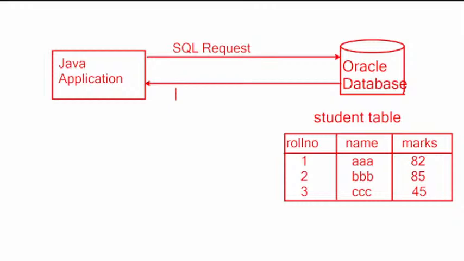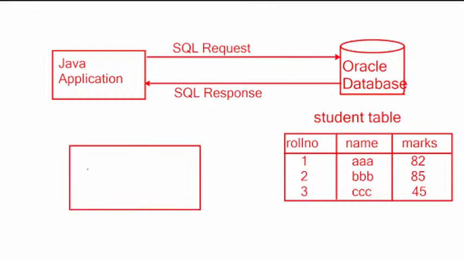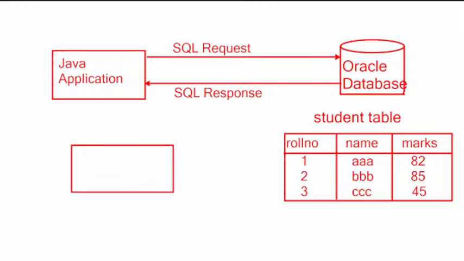SQL request, SQL response. Now from the Java application, I'll send one SQL query, select star from student. Then the response comes like an object. That object we are calling a result set.